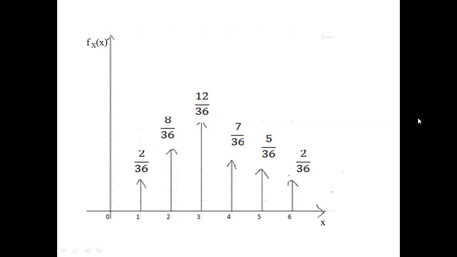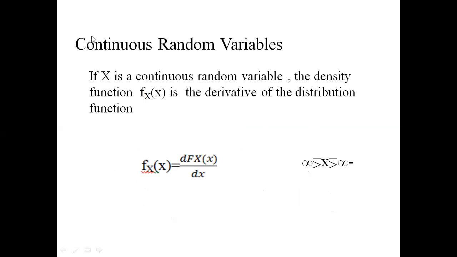Next, for continuous random variables, how to calculate the density function. If x is a continuous random variable, the density function small f_X(x) is the derivative of the distribution function.